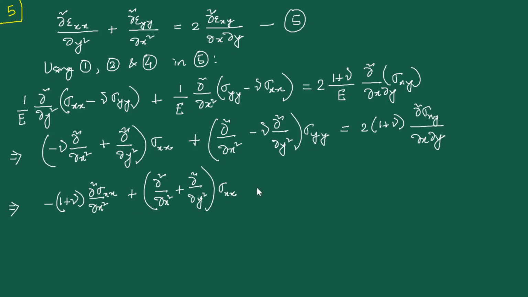next I'll do a similar sort of thing here also, but I'll do this involving the del square del y square. So I will add a del square del y square here and subtract a del square del y square. So effectively it remains the same, just the form becomes somewhat more symmetrical. Okay, so those of you who can see a bit ahead will perhaps appreciate the fact that at least one part of the motivation of proceeding like this is to introduce the Laplacian operator here.